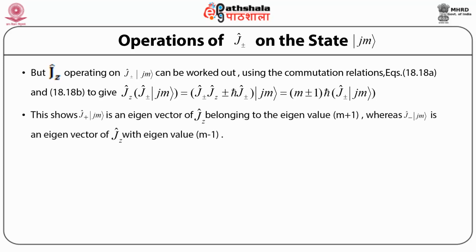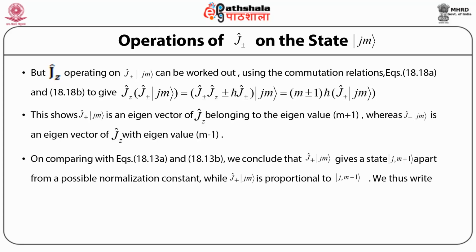This shows operator J+ ket |j m> is an eigenvector of operator Jz belonging to the eigenvalue m+1, whereas operator J- acting on ket |j m> is an eigenvector of operator Jz with the eigenvalue m-1. On comparing with equation 13a and 13b, we conclude that operator J+ acting on ket |j m> gives a state ket |j, m+1> apart from a possible normalization constant, while operator J- ket |j m> is proportional to ket |j, m-1>.